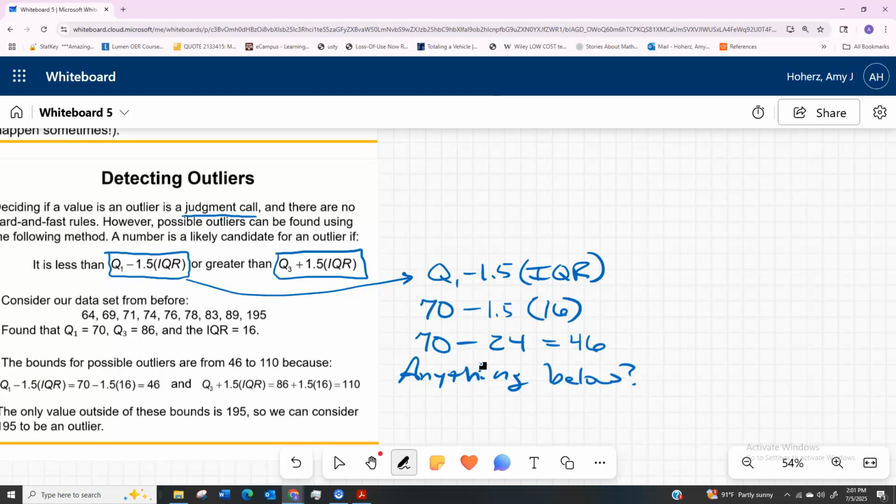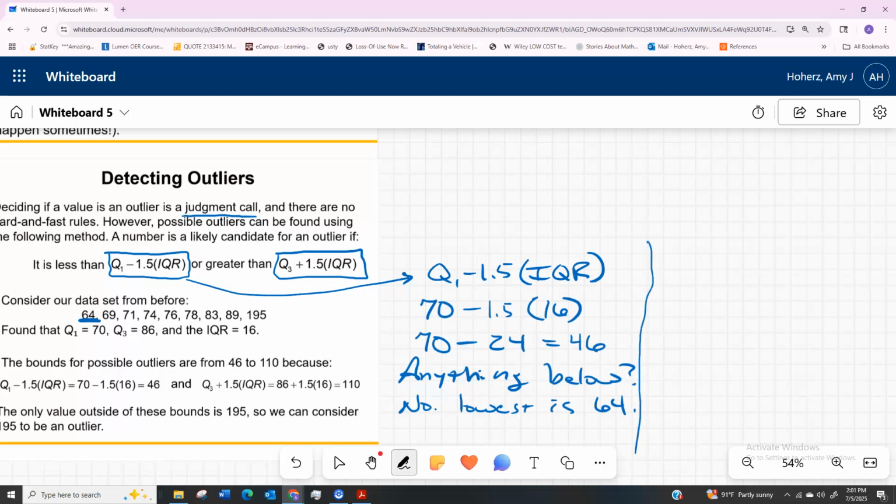And the answer is no, because the lowest is 64. So our lowest was 64, so there's nothing that's below 46. So there are no lower outliers.